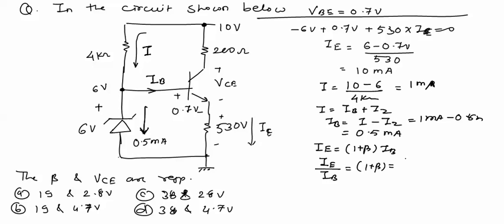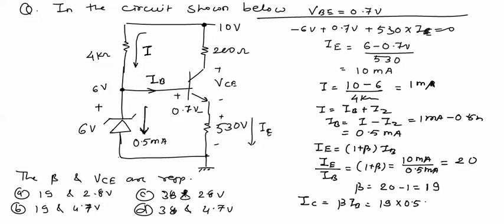IE is equal to 10 milliamperes and IB equals 0.5 milliamperes, which gives 20. So 1 plus beta equals 20, so beta equals 19. Before calculating the second value, we'll calculate the collector current IC, which is equal to beta into IB, which is 19 into 0.5 milliampere, equal to 9.5 milliamperes.